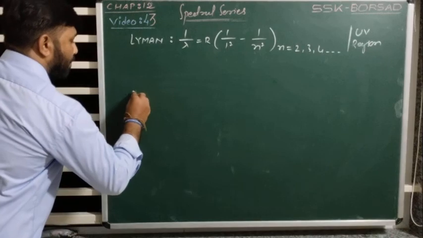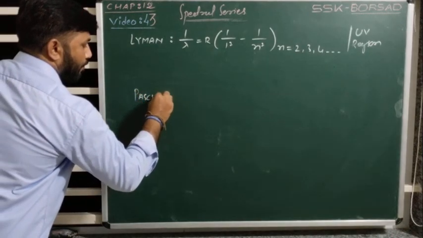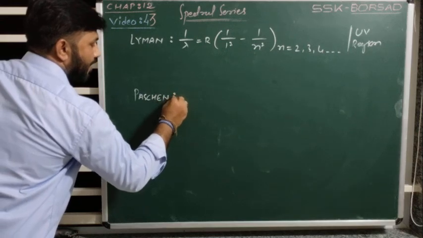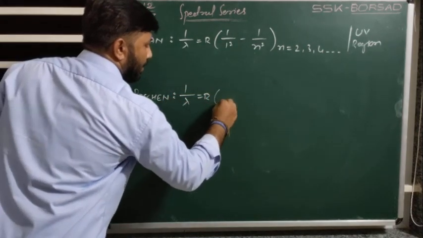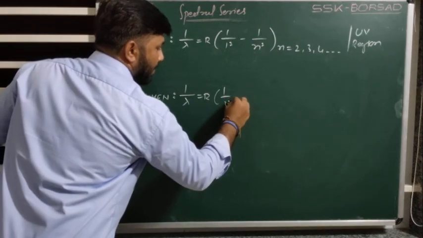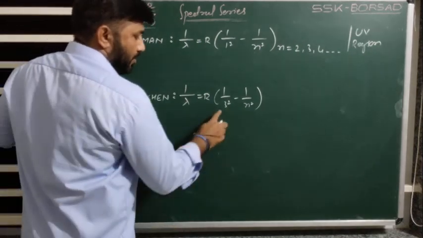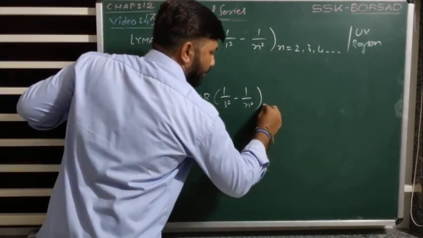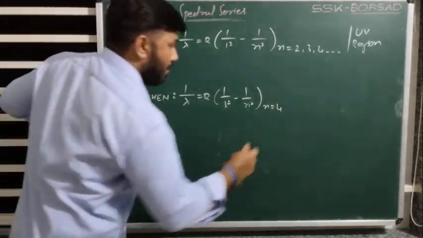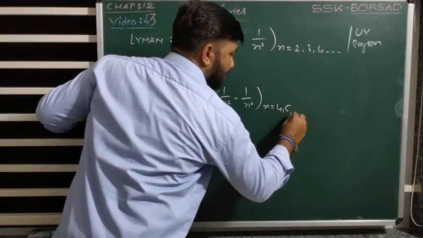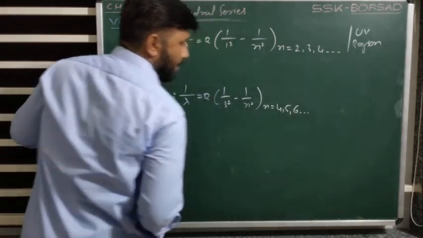Lyman, then Paschen series. It has the empirical formula 1 upon lambda is equal to R times (1 upon 3 square minus 1 upon n square). So with 3, n starts from 4 for the H alpha, 5 for H beta, 6 for H gamma lines.